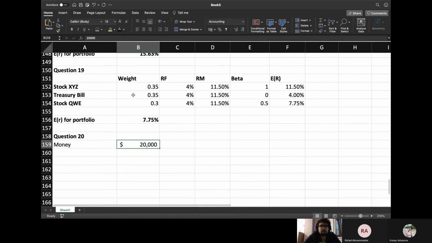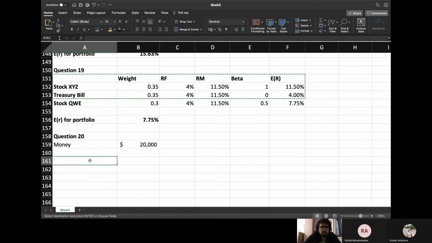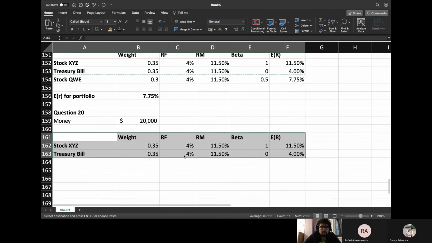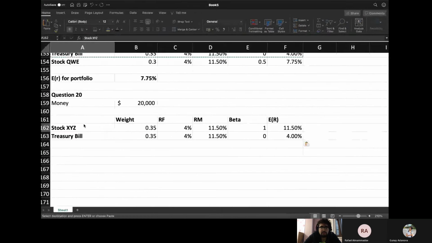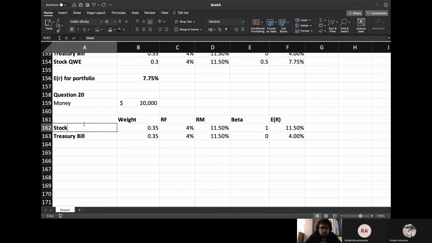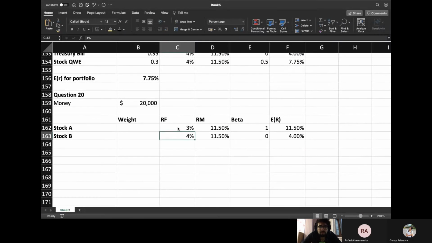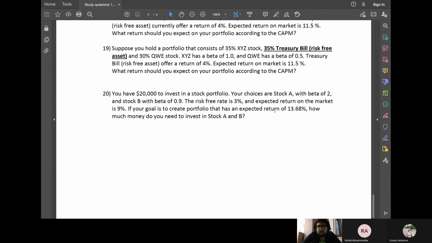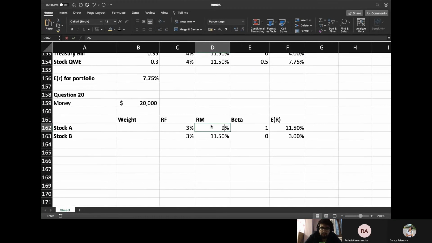So let me copy down the formula here. We have stock A and stock B. We don't know weights here. Risk-free rate is 3%. Market return is 9%.